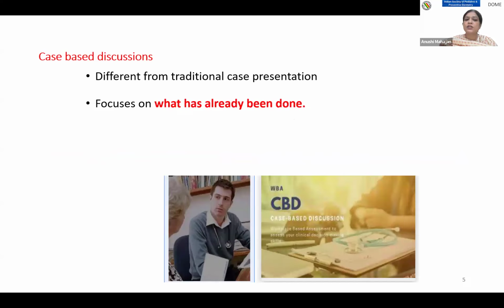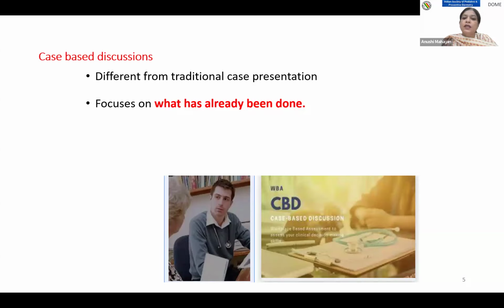Coming on to case-based discussions. Case-based discussions are different from the traditional case presentation. In a case presentation, a patient has come to the dental chair, the student has started taking the case history, and now formulates the prognosis, the diagnosis, and the treatment plan, and presents the case. But a case-based discussion is more like a mortality meet, where things have already been done and the students now discuss them.